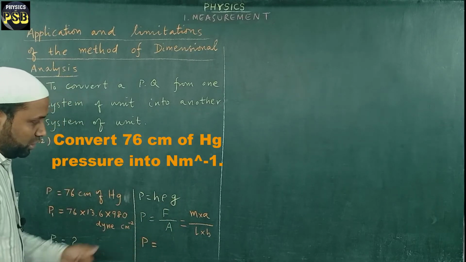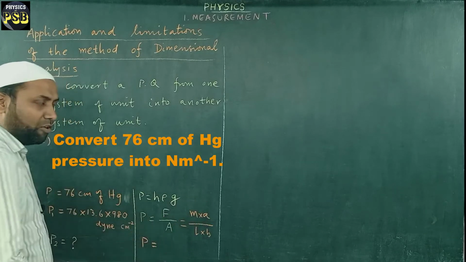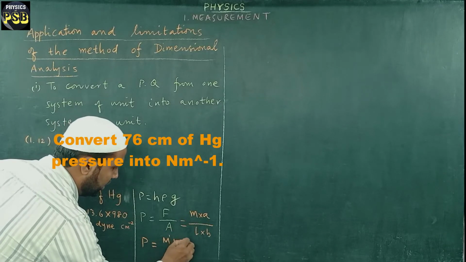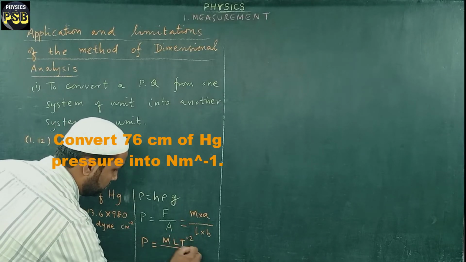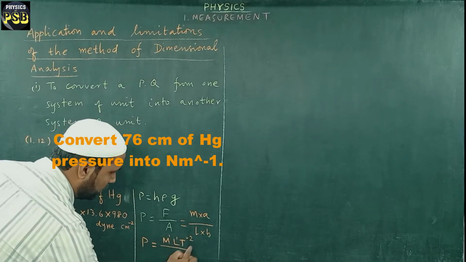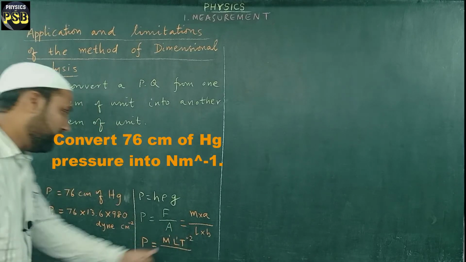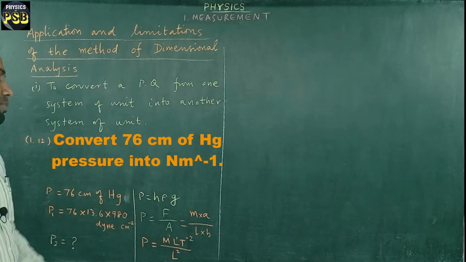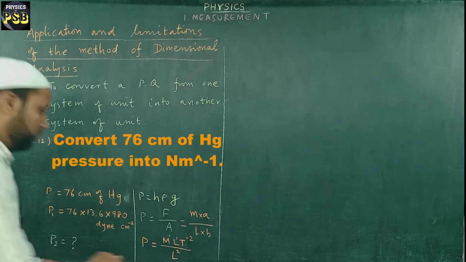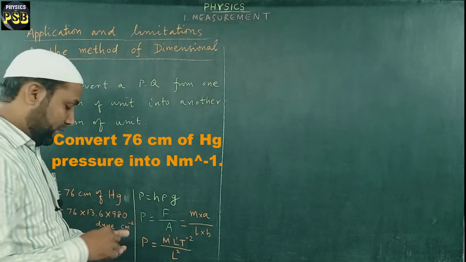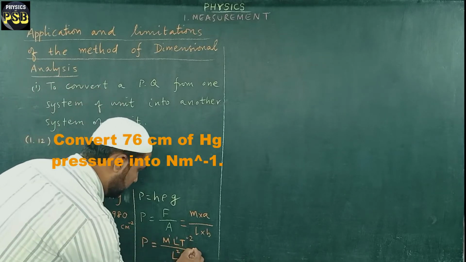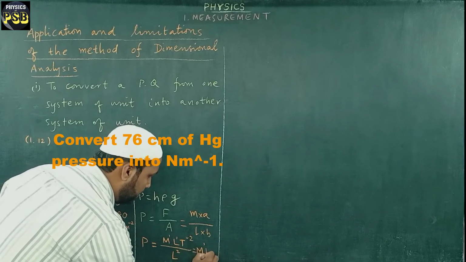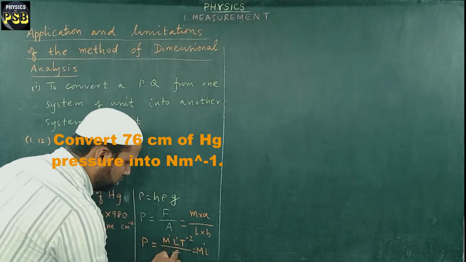So the dimension of pressure can be obtained by substituting their values. For mass, we have M power 1, for acceleration L T power minus 2, L power 1. Here, for length the dimension is L, and for breadth also the dimension is L, so L square. Now, this can be easily obtained from the table given in the book. When I take L square to the numerator, the value obtained is M power 1, L power 1 into L power minus 2.